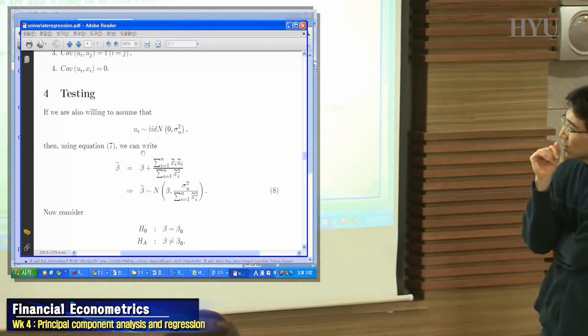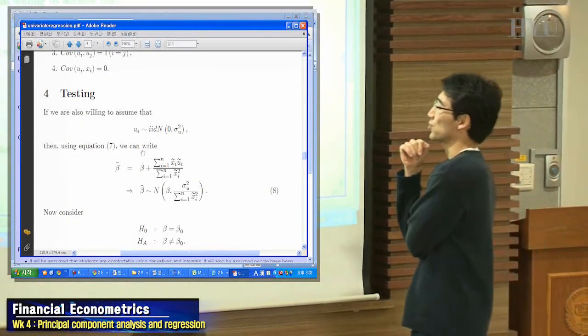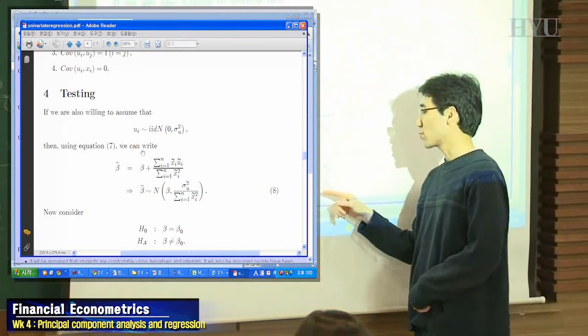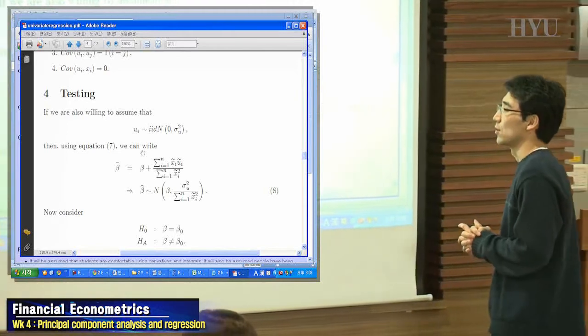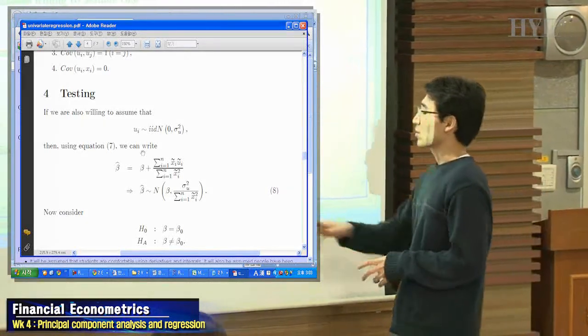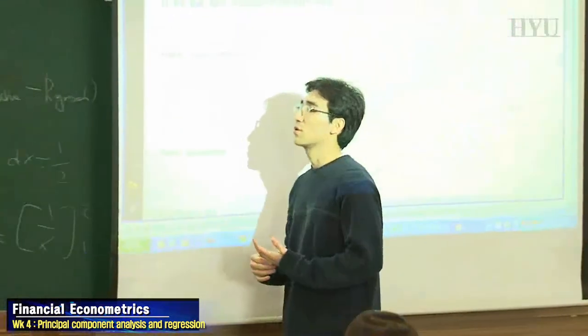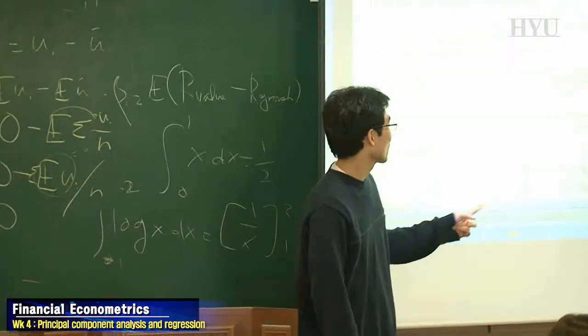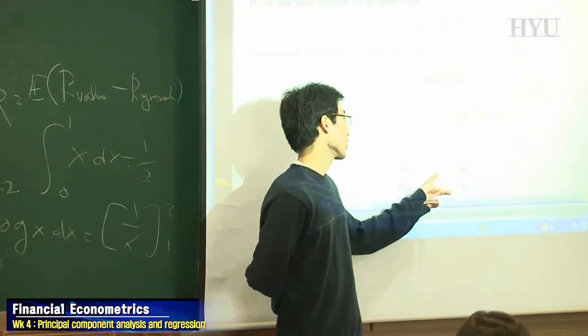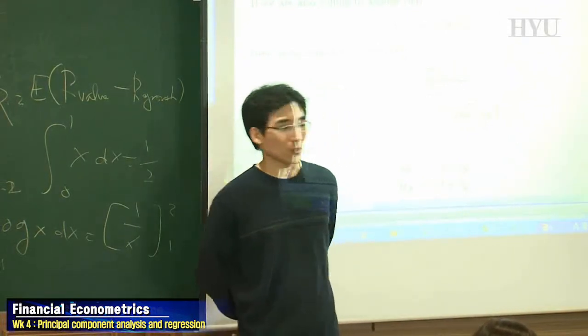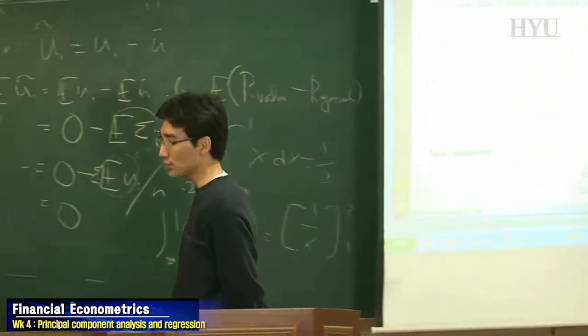Now let us do some tests, such as beta is equal to beta 0, or beta is different from beta 0, the null and alternative hypotheses. Usually we test whether beta is equal to 0 or not, but here it is more general: we want to test whether beta is equal to beta 0 or not.